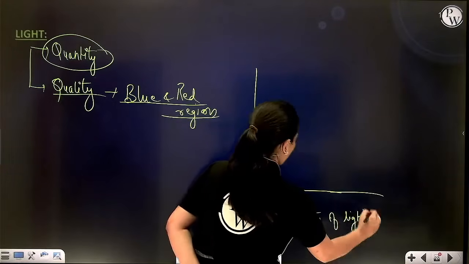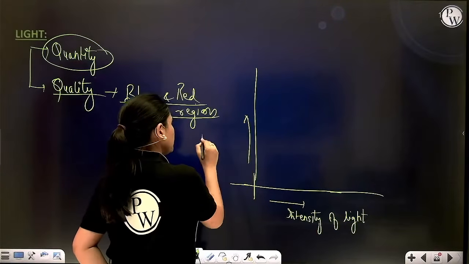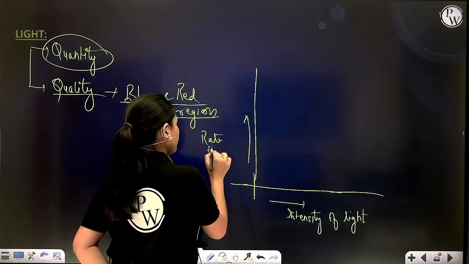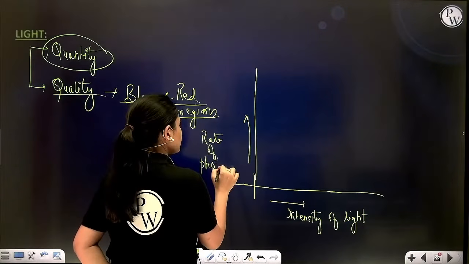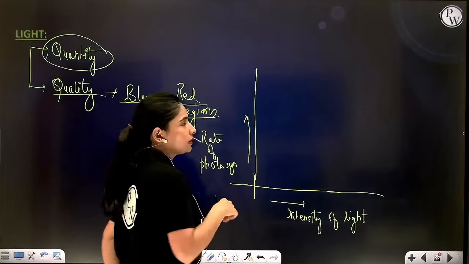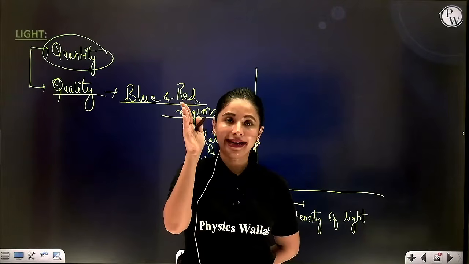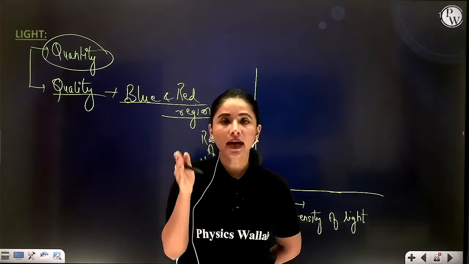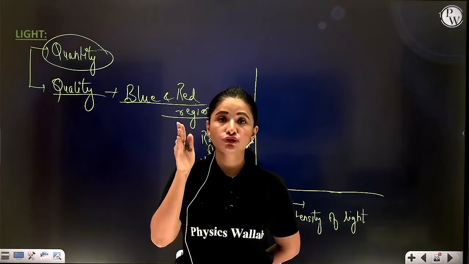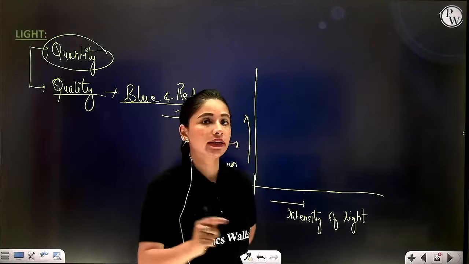Right? And here I am going to mark the rate of photosynthesis on the y-axis. So when initially there is low light intensity and you increase the light intensity along with other factors, rate of photosynthesis is going to increase.